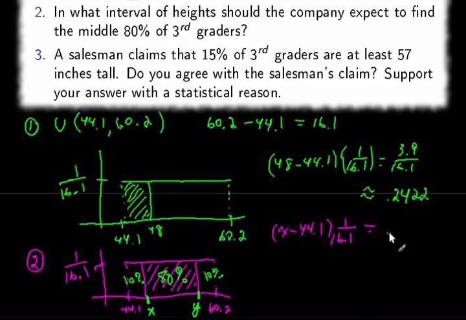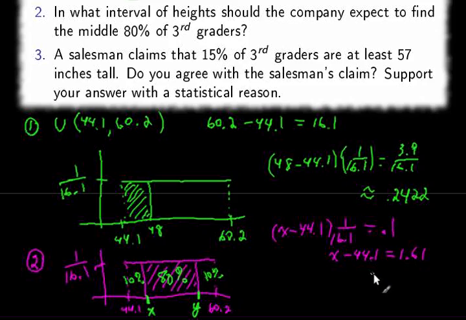Its area happens to be 10% or 0.1. And we can solve this equation for x by multiplying both sides by 16.1. So we have x minus 44.1 equals 0.1 times 16.1. That's going to be 1.61.